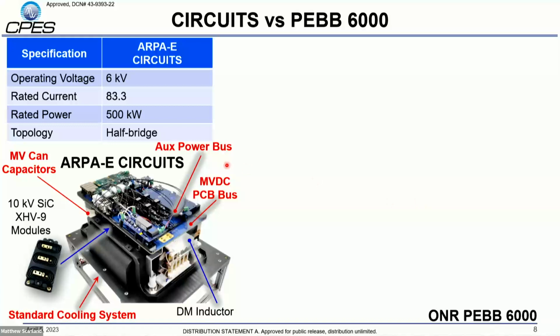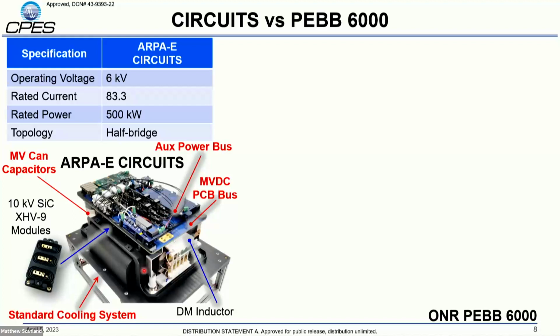So some of the areas that we're going to address, again, to try and improve the power density here is going to be looking at the medium voltage capacitor cans. This is, again, for the ARPA-E circuits project. We're going to try and leverage the PCB-based bus a little bit more. So we'll be addressing the auxiliary power bus, which previously in the circuits converter was just routing wires as we needed throughout the converter.